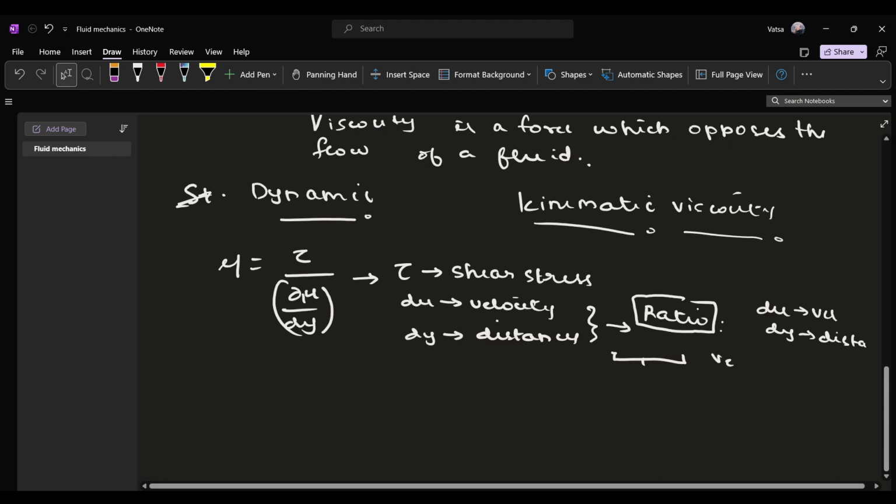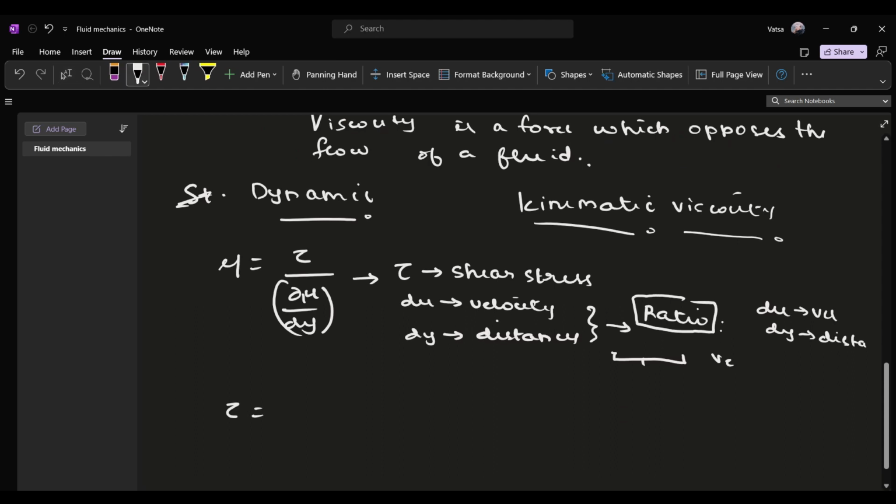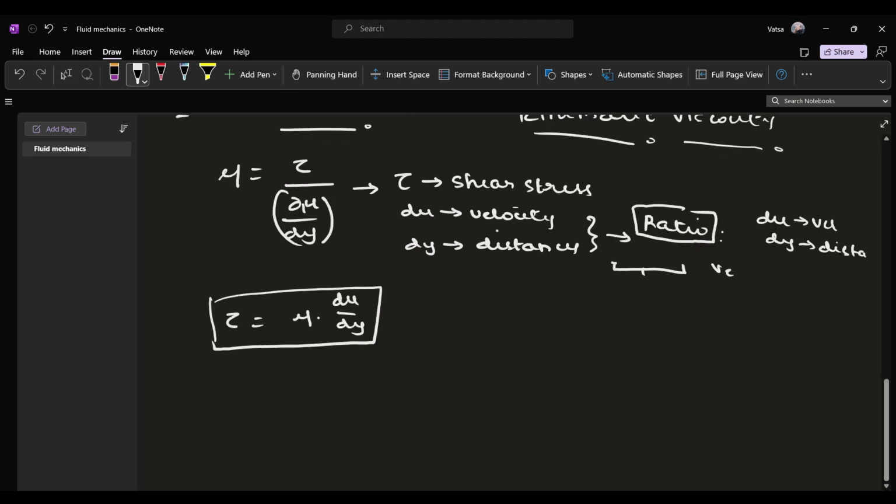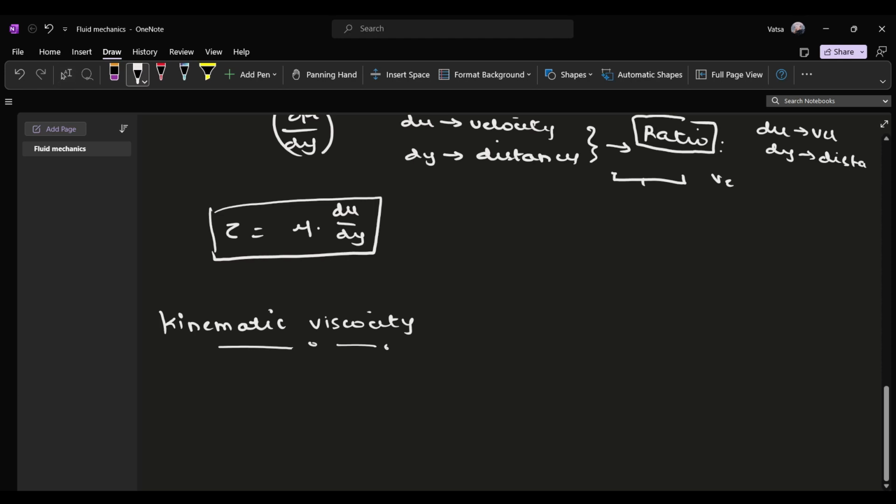So this formula can be rewritten as shear stress is equal to mu into du by dy, right? So this is our first formula. Now, what about kinematic viscosity? Kinematic viscosity is just the ratio between dynamic viscosity and density.